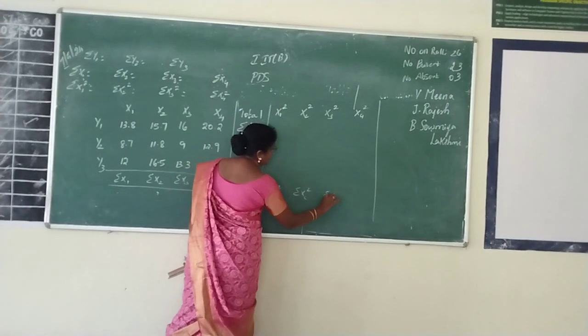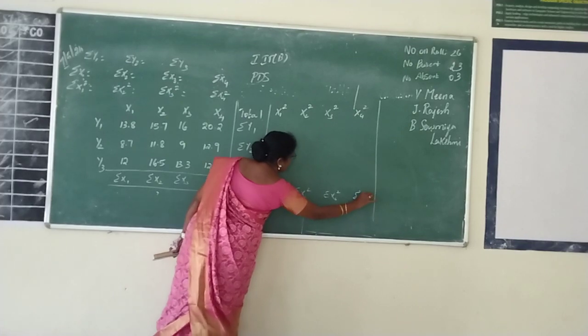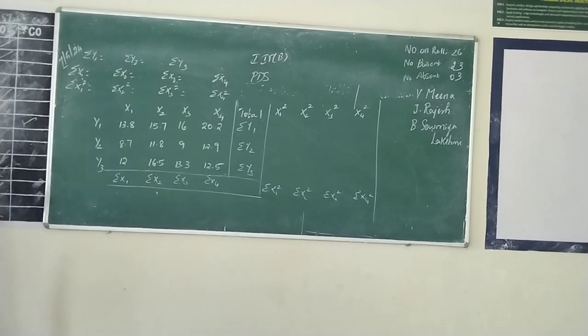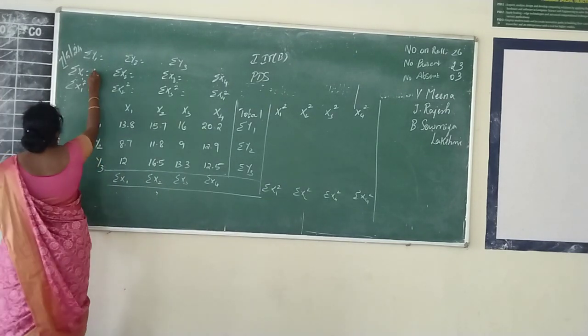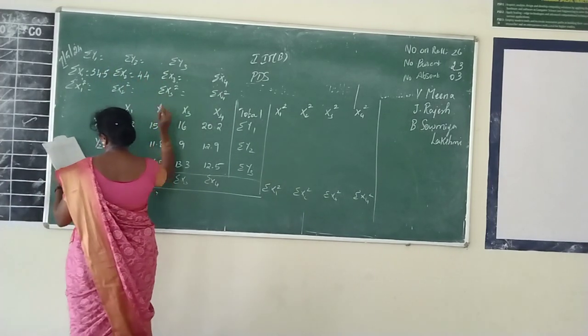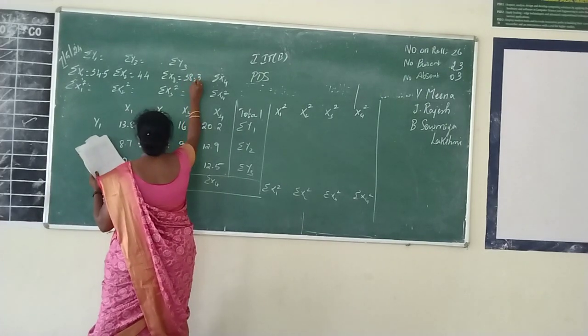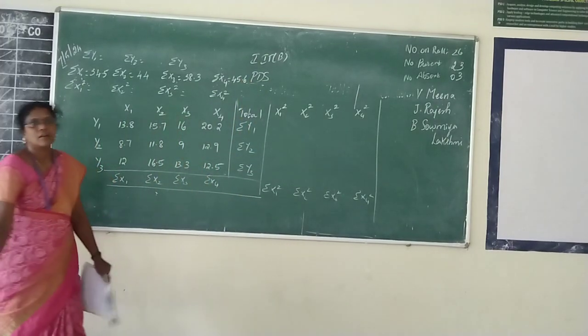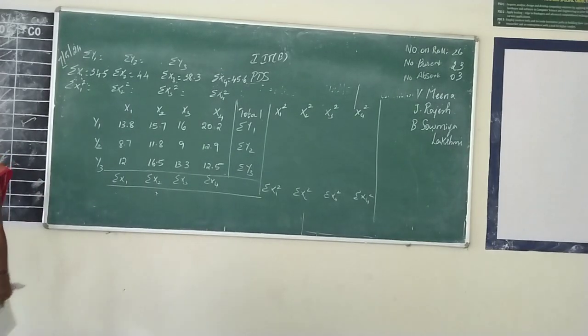The summation of x1 is 34.5. Next, x2 is 44, x3 is 38.3, x4 is 45.6. Is everyone getting the same answer?